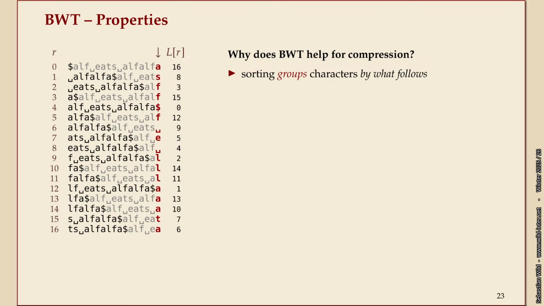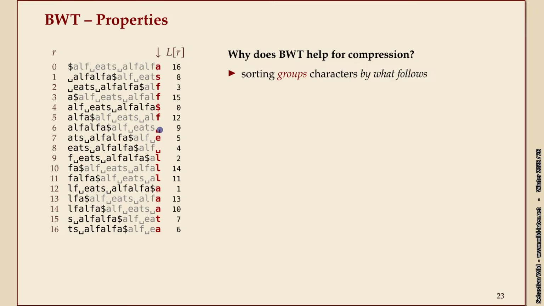A tiny detour, just motivating why the BWT is at least historically coming from text compression and not data structures. It turns out that for typical kinds of texts, this BWT is more compressible than the original text in a specific technical sense. And the reason for that is that sorting groups by context.